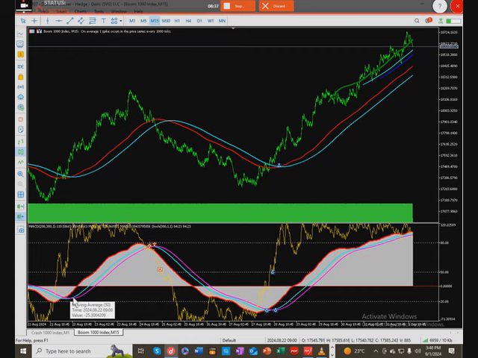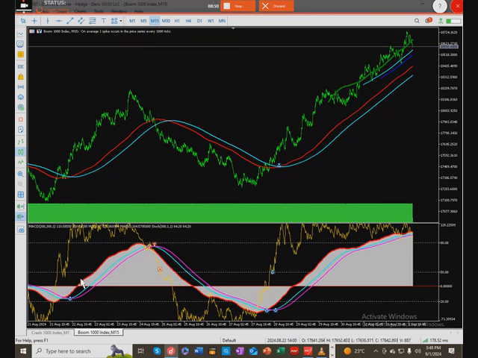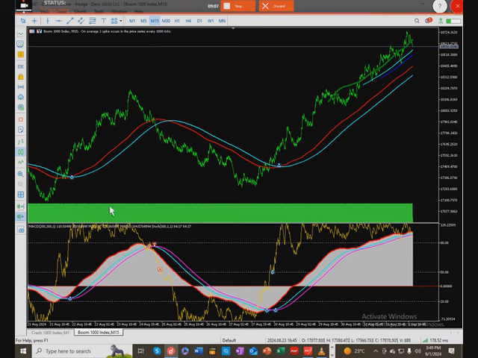Here we have a cross, and then here we have also a cross, and then here the fifth.